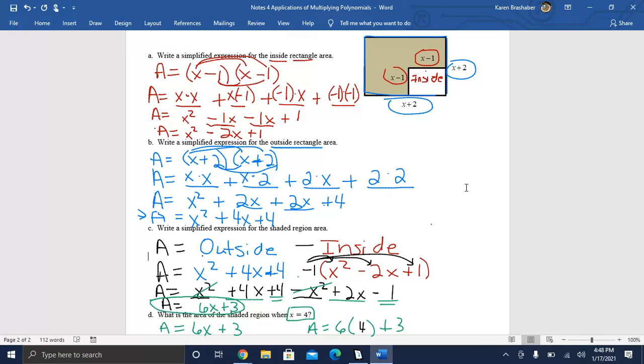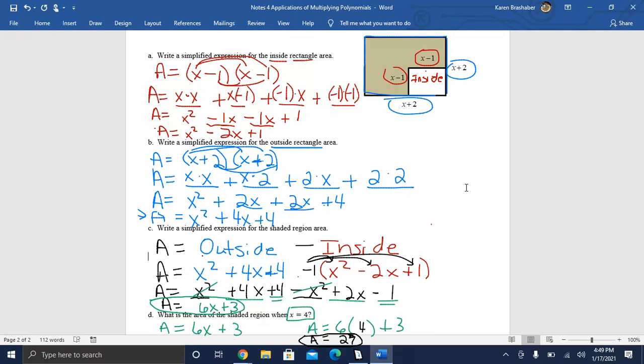So 6 times 4 plus 3. And when x is 4, the area would be 24 plus 3, or 27. And if we had units, area is measured in square units. So 27 square units would be the area of the shaded region when x is 4.